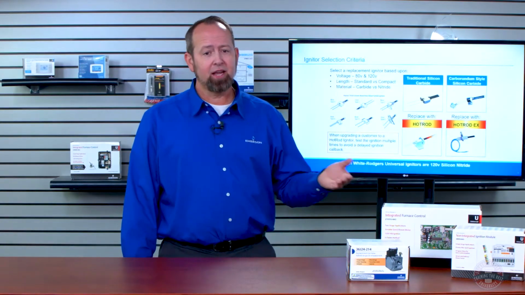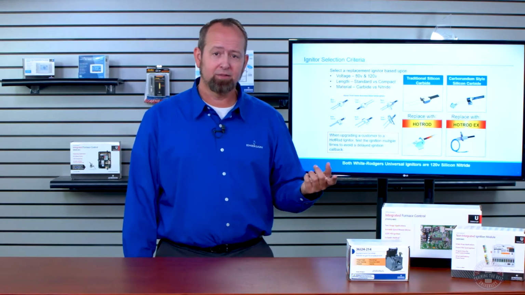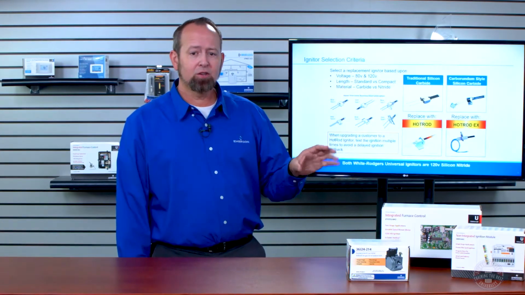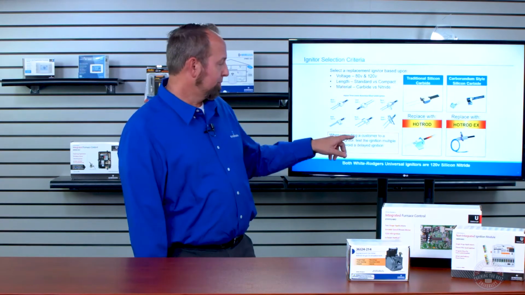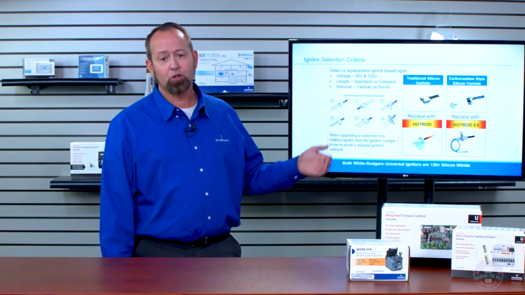You can take out a carbide, put in a nitride. The main thing that you're looking for is that it's going to be 120 volts ignition system from the control itself. And then you're going to match up whether you have something that's a standard length or a compact length. And whichever length you have is what you're looking to replace.